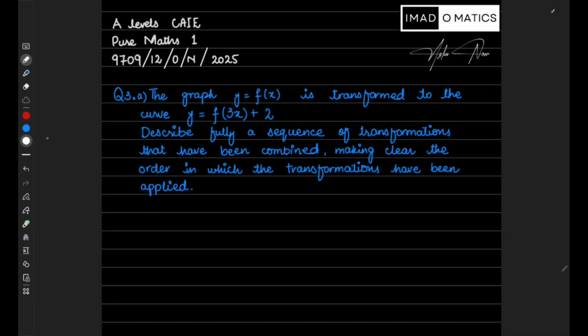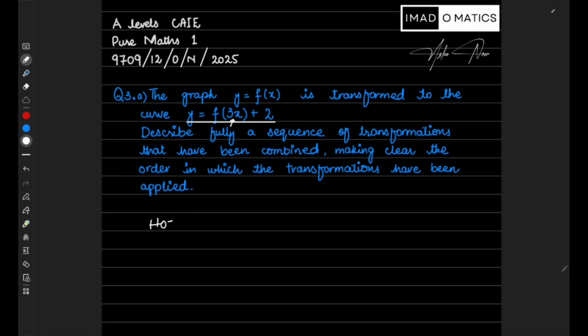applied. As you can see, this is applied first inside the function on f(x), that its x is multiplied by 3. So what does it represent?